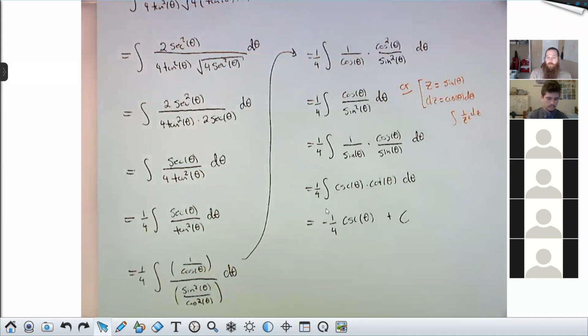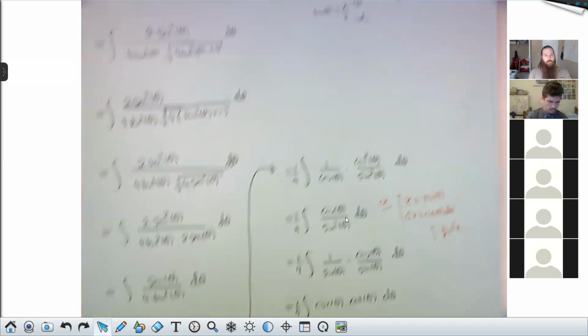So you'd end up with negative 1 over sine theta, which is negative cosecant theta. Either one is fine. But no matter how you get there, you're going to get to this, or something like 1 over sine theta.